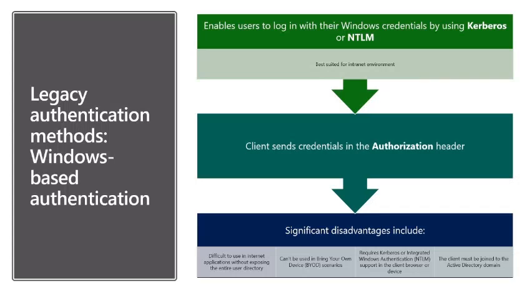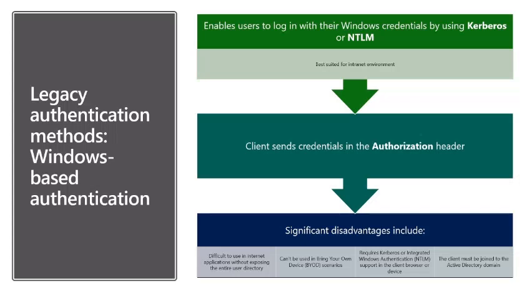Legacy authentication methods, Windows based authentication. In hybrid development, it is common to see the main responsibilities of identities moved from on-premises Active Directory to Azure Active Directory. The on-premises Active Directory server remains as a way to manage physical machines and to enable simple Windows-based authentication.